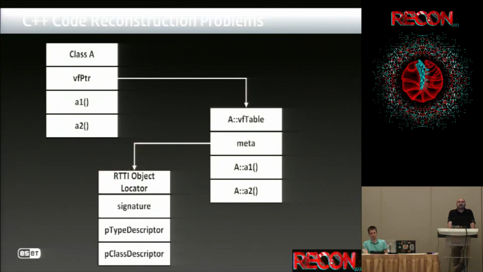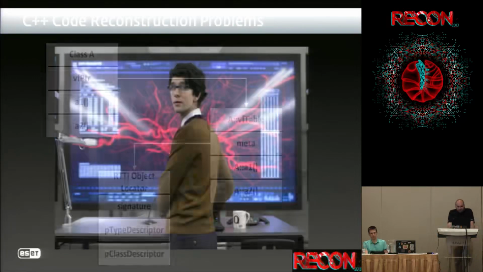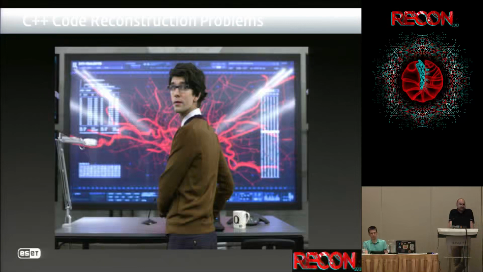About RTTI reconstruction, many words were already presented last year at REcon by Igor Skochinsky from Hex-Rays, and we will not repeat this. C++ code reconstruction is not so easy, and each time it's really hard to work manually.